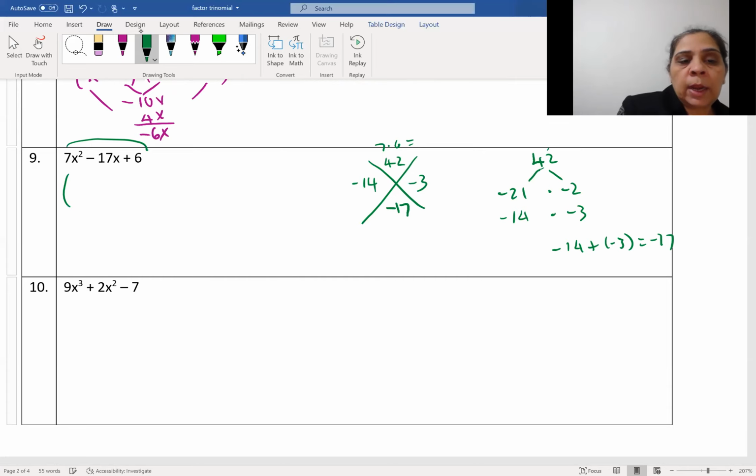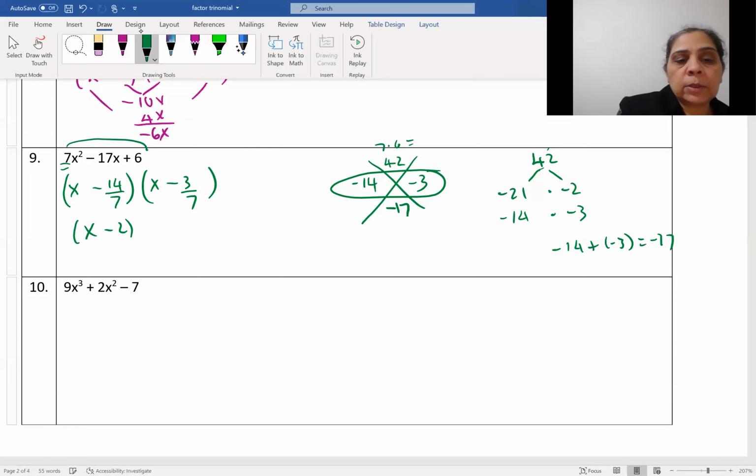So now I will choose these numbers. I will say x minus 14 and x minus 3. Remember, we need to divide by the coefficient of x squared. So 7. I can simplify this fraction. 14 divided by 7 is 2.